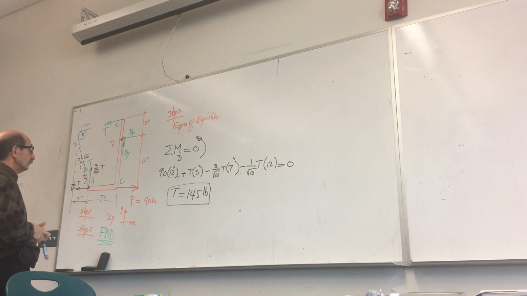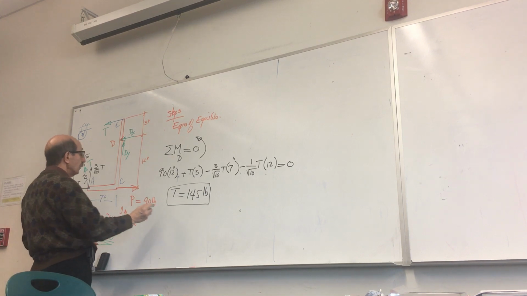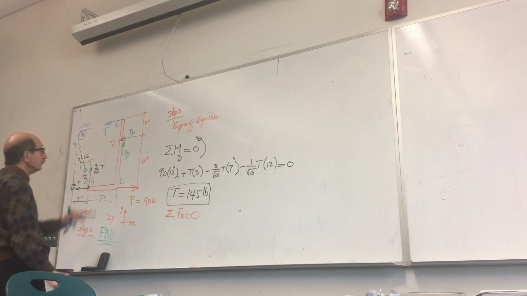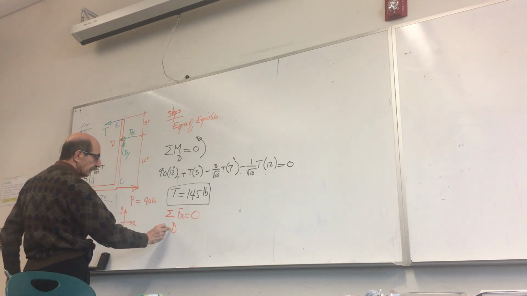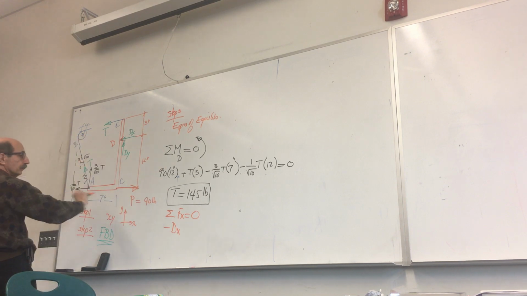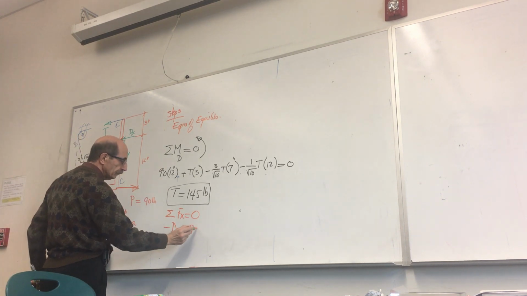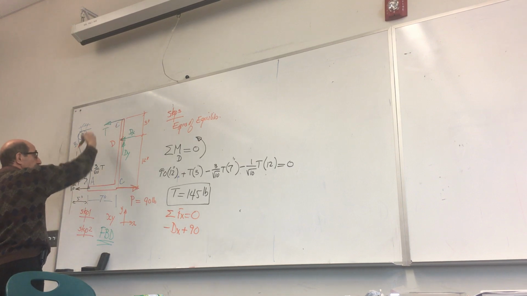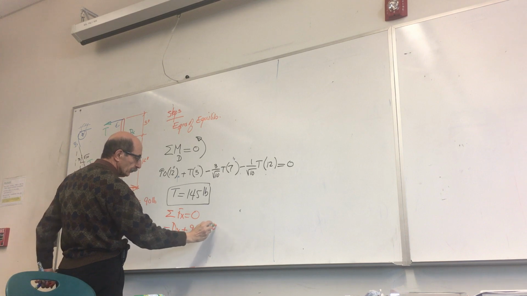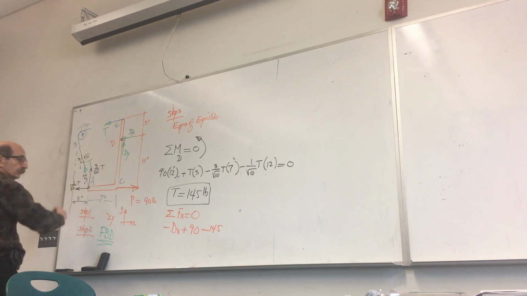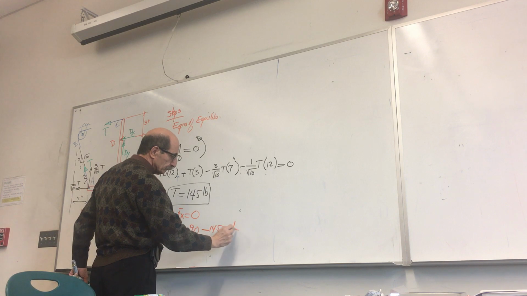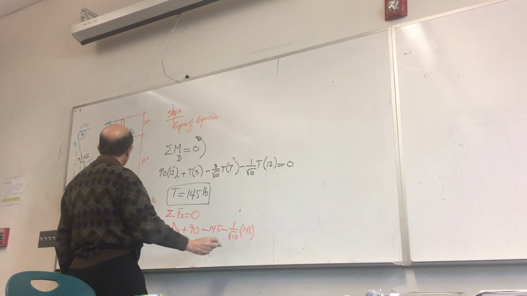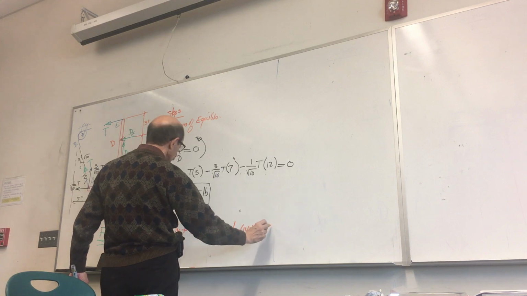That would be summation of forces along X or Y. I will choose summation of forces along X equal to 0. So that will give you negative Dx, positive 90 this way, negative T, or negative 145 pounds, and negative 1 over square root 10 times 145, equal to 0.